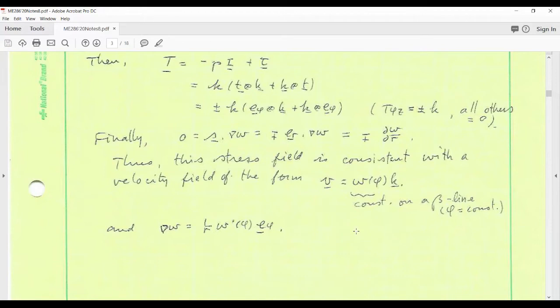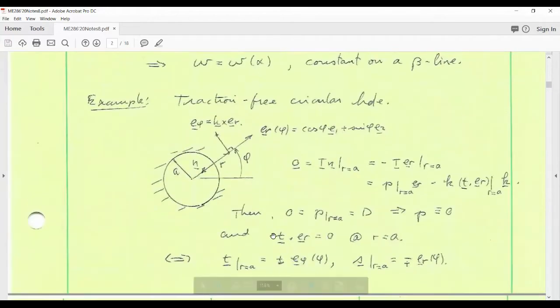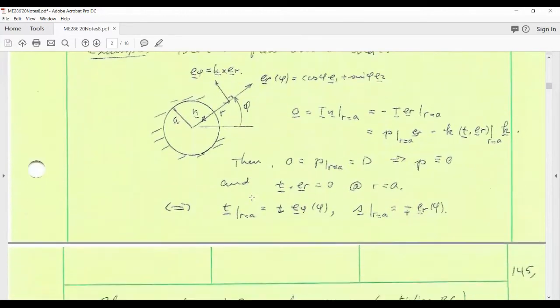So in your homework, the last problem, I'm asking you to generalize this problem slightly by allowing for an anti-plane shear traction on the boundary of the hole, where the intensity of that traction is less than the yield stress in shear, but we assume that the entire region exterior to the hole is yielded.